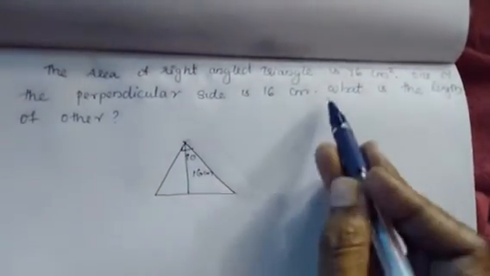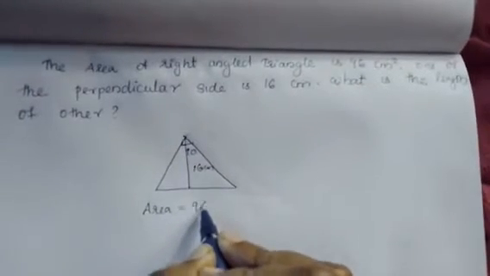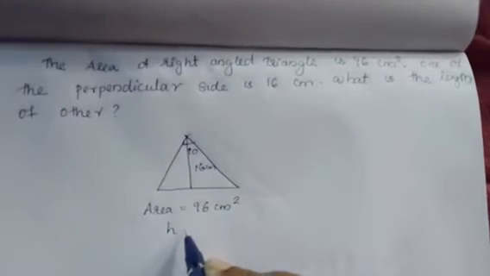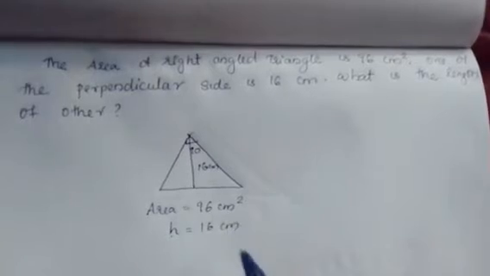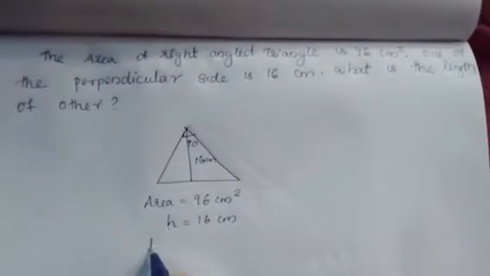The area is given, 96 centimeters square. One of the perpendicular distances, that is the height, is given. We want to find the length of the other side, that is the base.